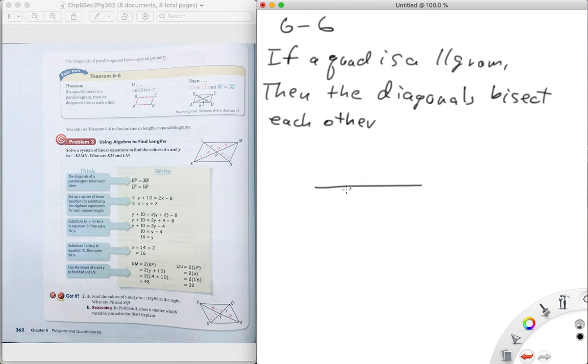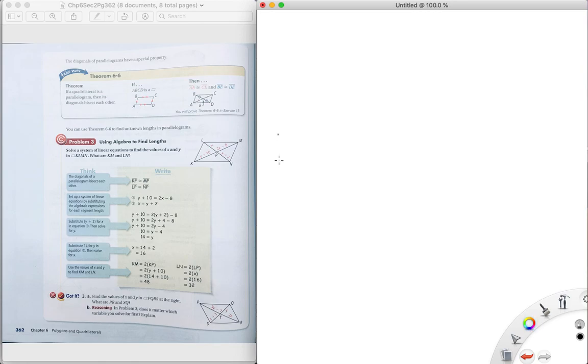So if I have a parallelogram and I have a diagonal and I have another diagonal, these guys will intersect such that this guy and this guy will be the same, and this guy and this guy will be the same. These two guys will be cut in half. They bisect each other. Bisect means to cut in half. Alright, so let's do it.